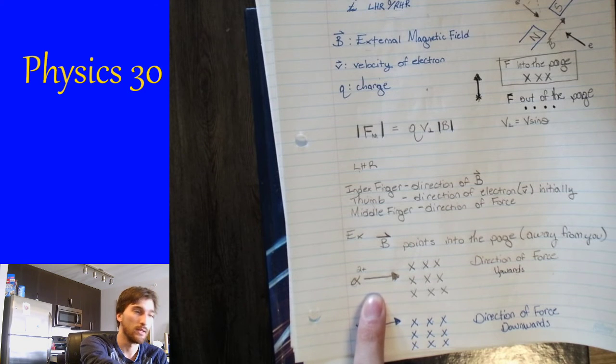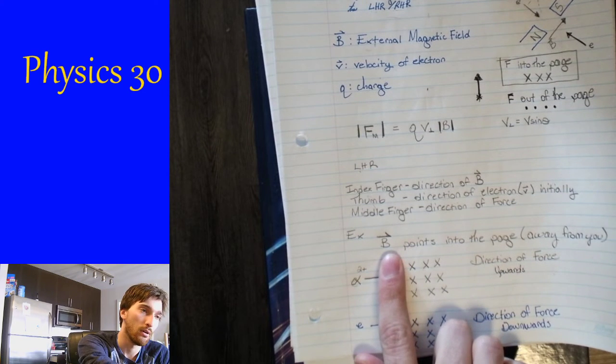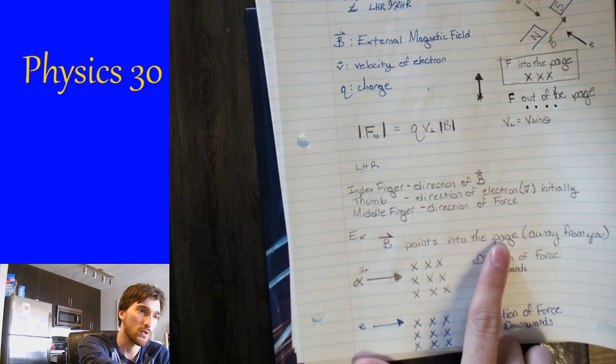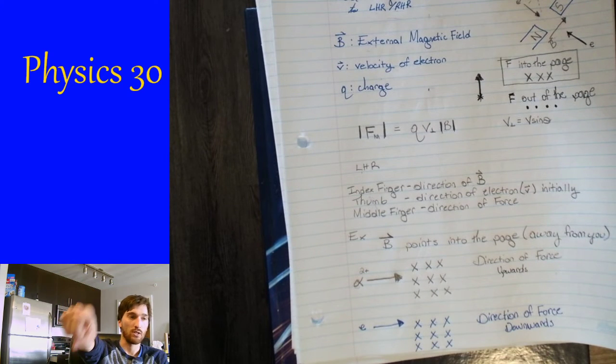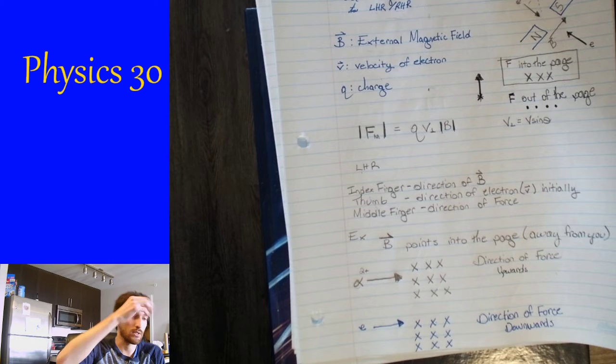So the magnetic field points away from you. Okay, so here's my right hand. It's pointing away from me. Then, or actually, let's do the electron first.